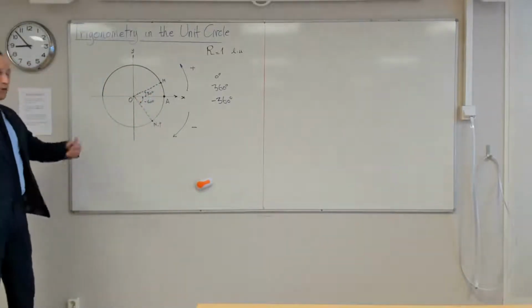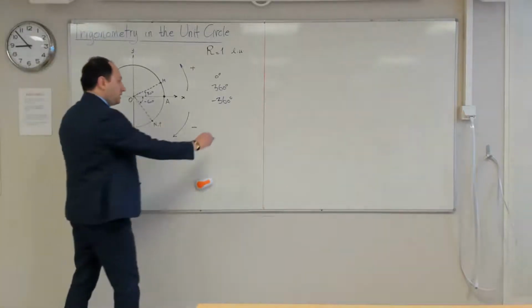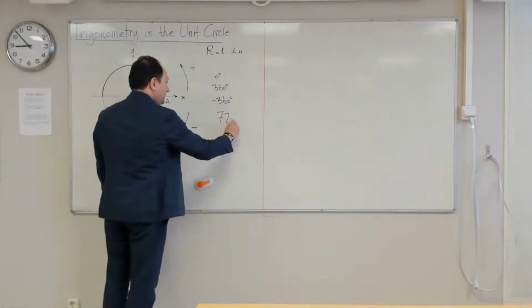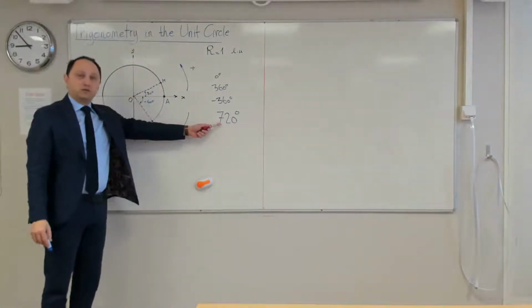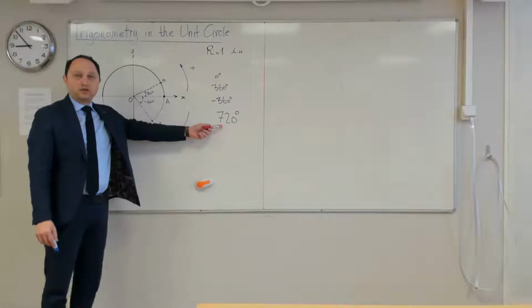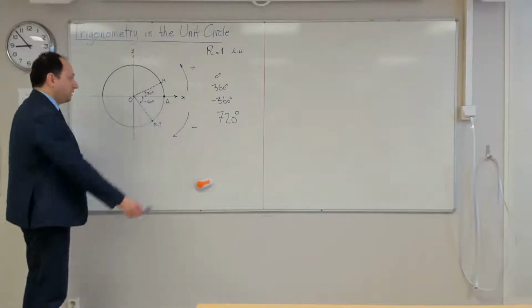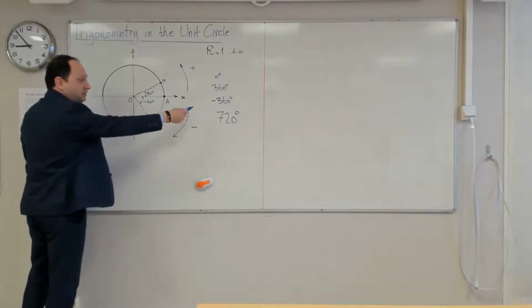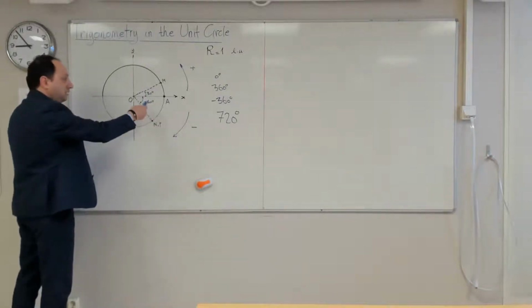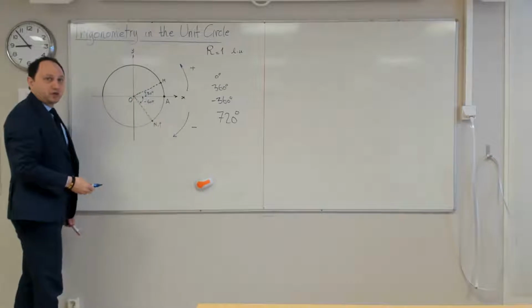By the way, why should we stop here? I can give you another name, 720 degrees. This is strange, yes, because this is bigger than 360 degrees. But what does it mean? It means that I start from here and I rotate 720 degrees about the origin in the positive direction.